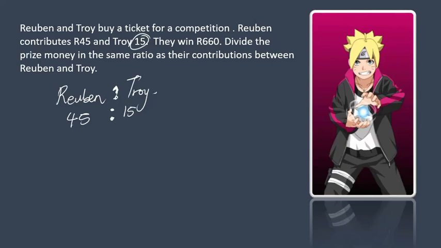Now, what do I have and what do I want? They are saying these people win 660, then divide the prize money in the same ratio as their contributions between Ruben and Troy. So I have a ratio. I'm supposed to do what? Divide 660. I'm supposed to divide this by what? By this ratio here.